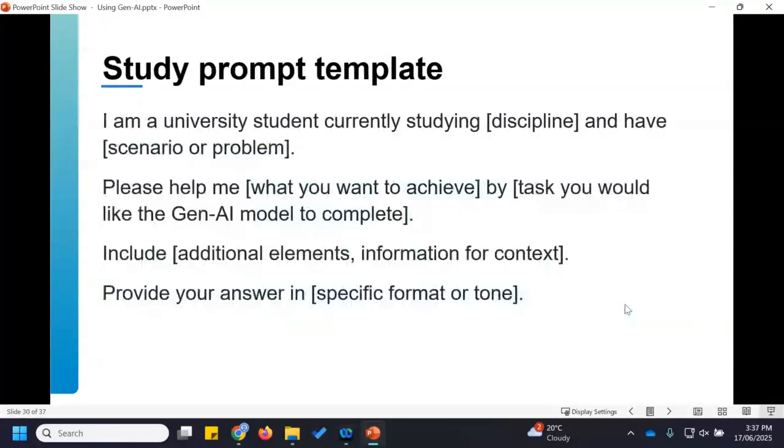So if you did want to use it for any sort of studying scenario, you can use something like this. This is a template we've created. You can say, I am a university student currently studying education, for example, and have this scenario. Please help me by doing this task.